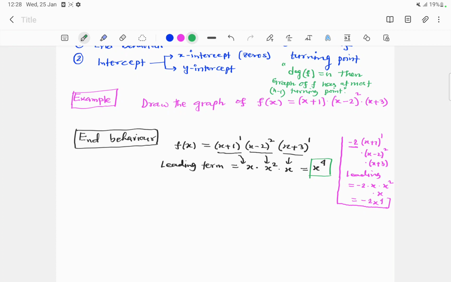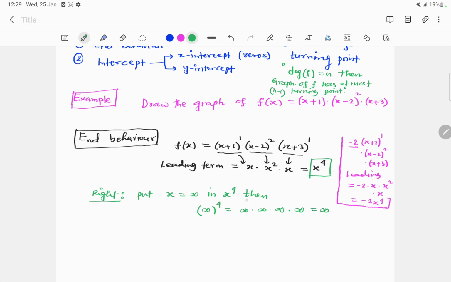On the right-hand side, you put x equal to infinity in x to the power 4. Infinity to the power 4 means infinity times infinity times infinity times infinity, which is nothing but infinity.